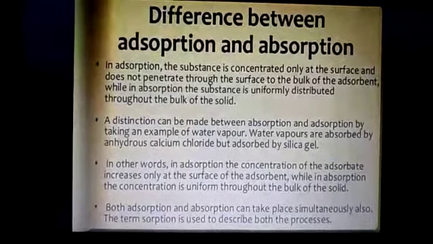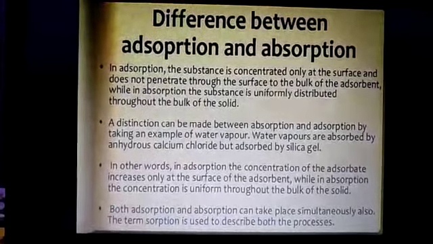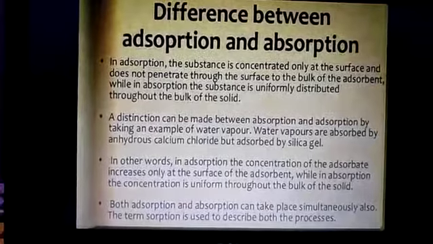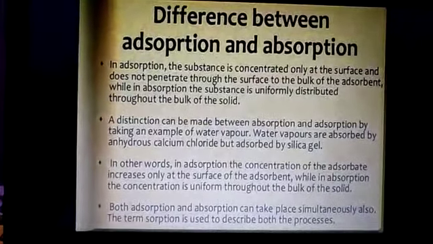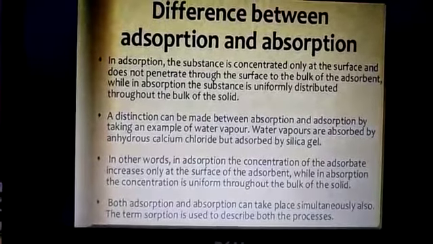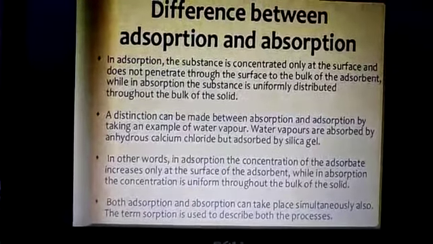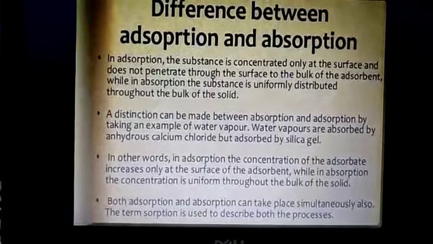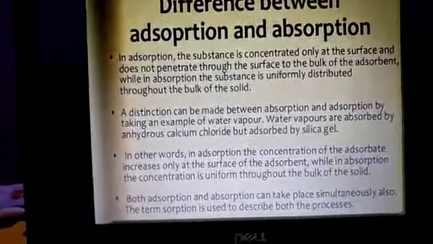Second, in adsorption, the concentration at the surface of the adsorbent is different from that in the bulk, while in absorption the concentration is the same throughout the material. In adsorption, the rate is high in the beginning and then decreases till equilibrium is attained, while in absorption, the rate remains the same throughout the process. So these are the basic differences between adsorption and absorption.